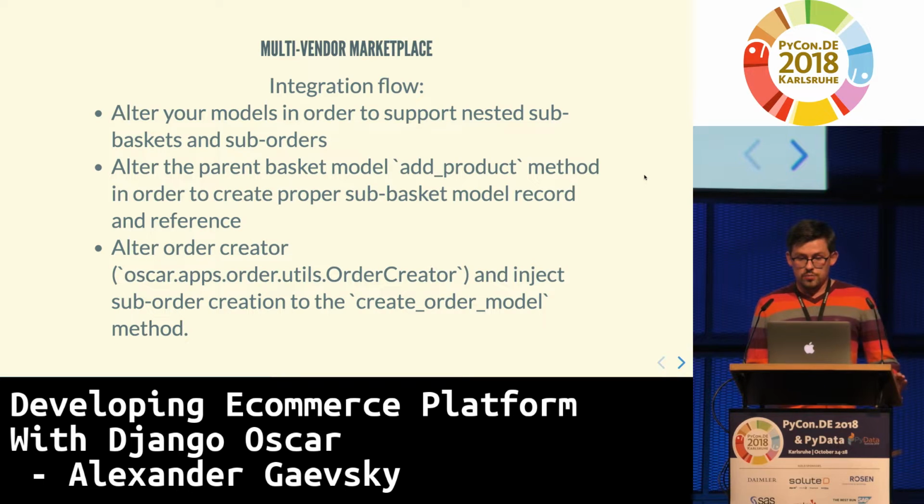And the last one, you'll need to edit the order creator, which is in the order utils, and you'll need to inject some logic into the create order model. It already has functionality to create an order model. You will just need to create a suborder containing the products of the specific vendor.